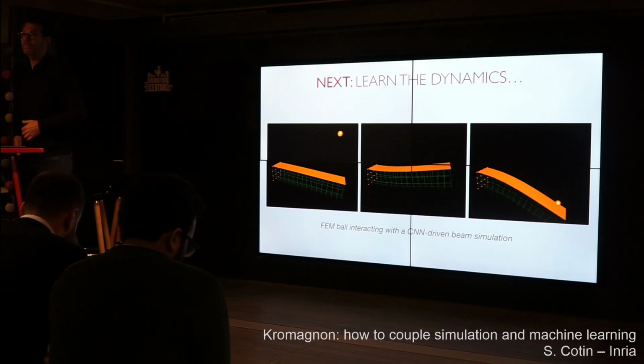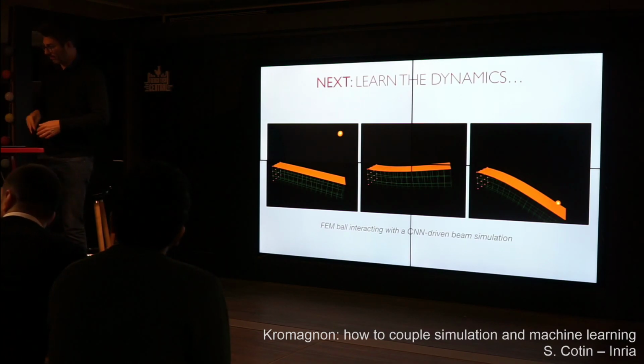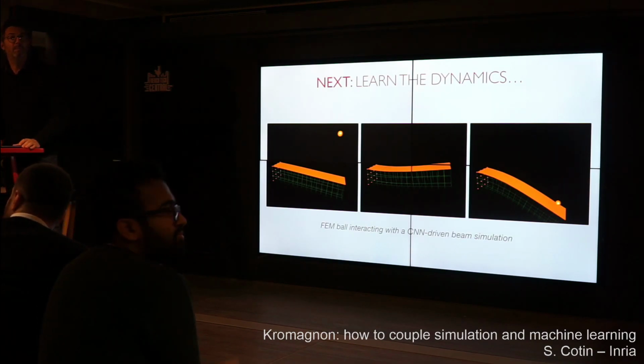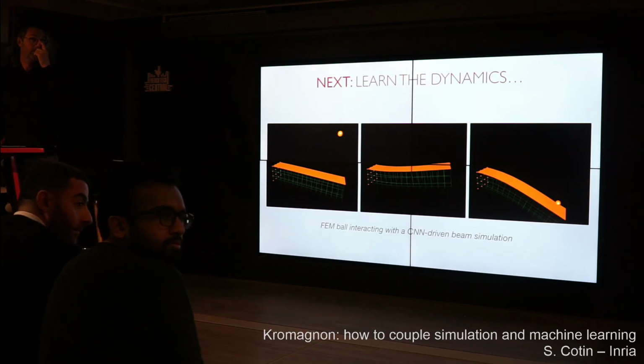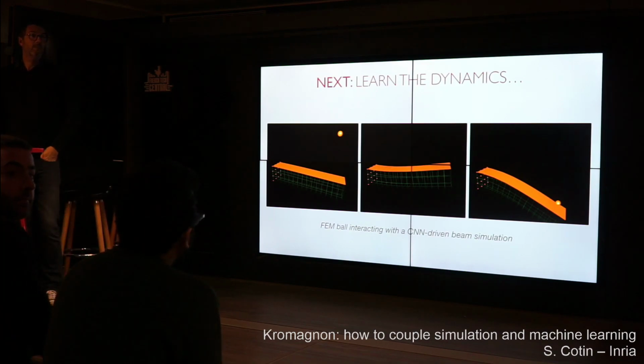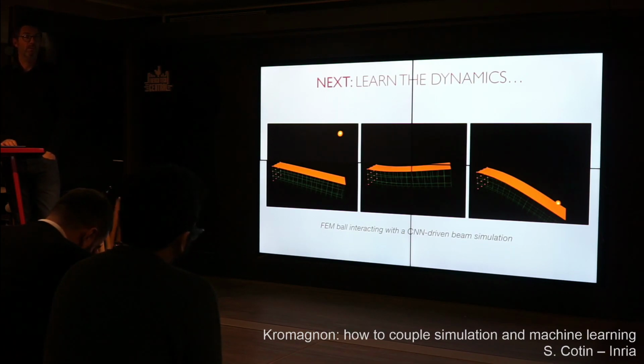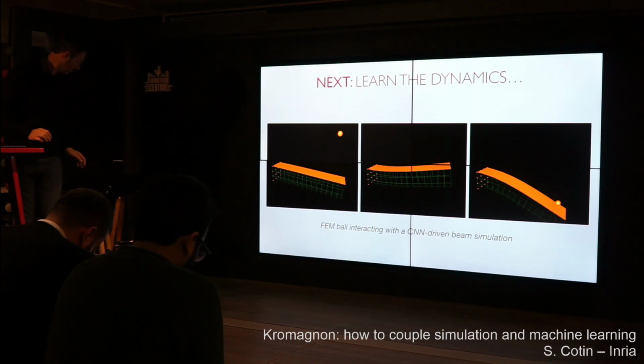Yeah, Noah has a very important question. Okay, so I'm interested in this idea of using simulations to generate data to train the network. So you generate some deformable levers or beams or whatever.